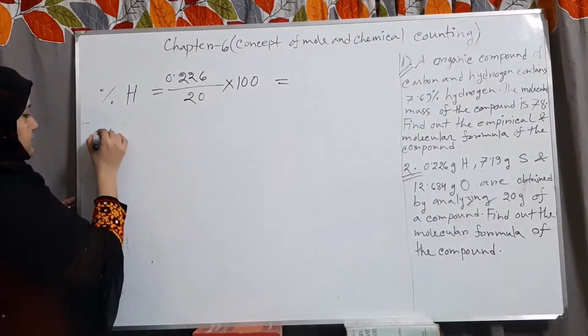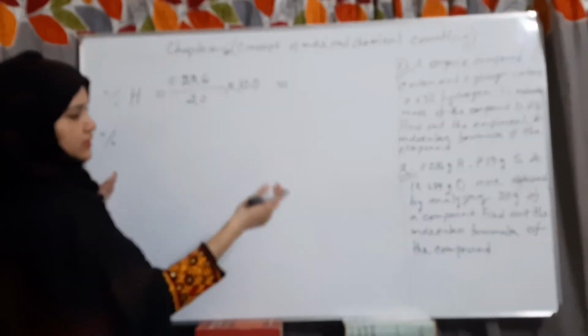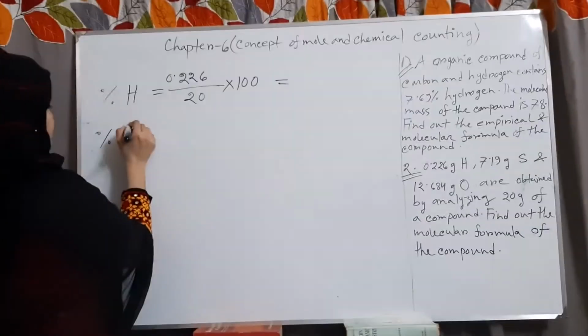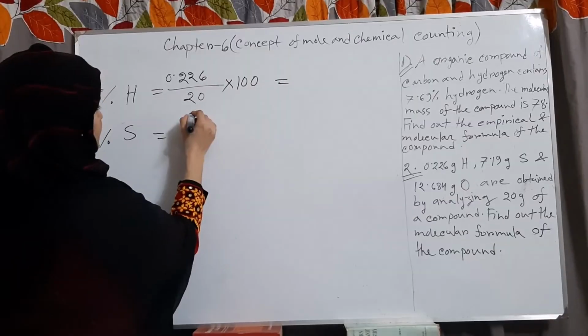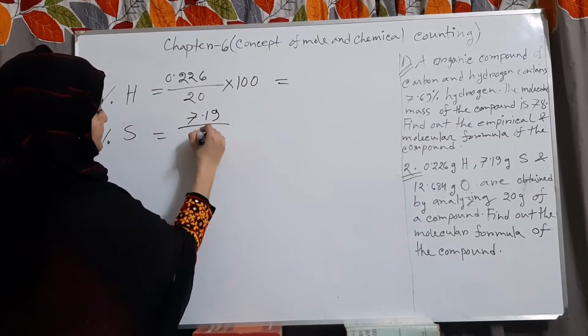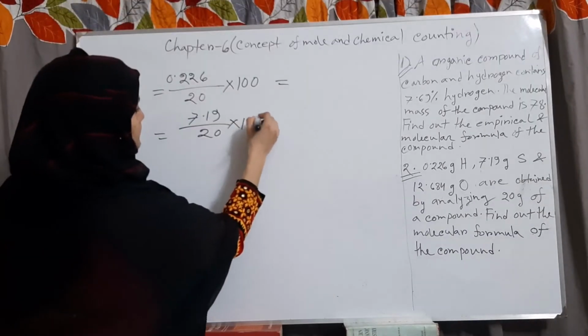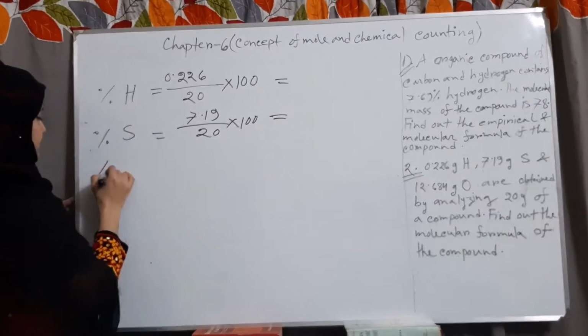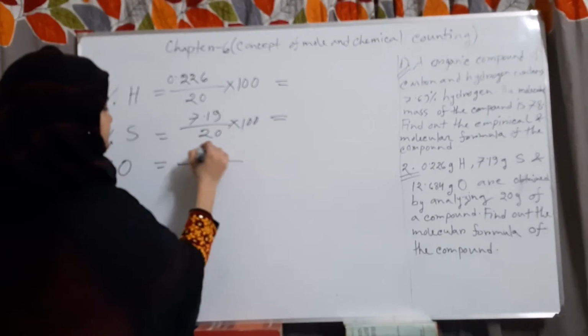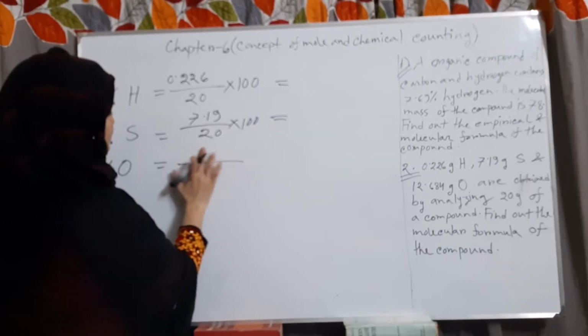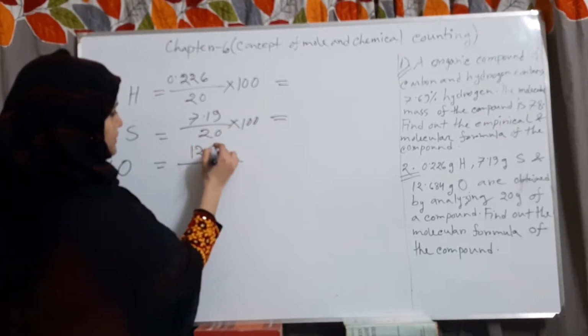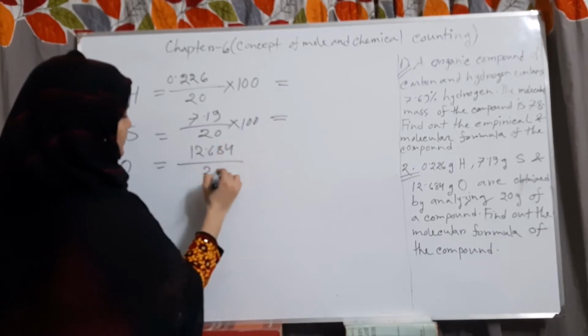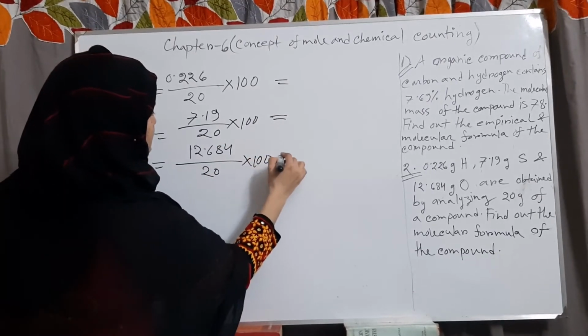Similarly, we can calculate the percentage of sulfur, which is 7.19 divided by 20 multiplied by 100, and the percentage of oxygen, 12.684 divided by 20 into 100.